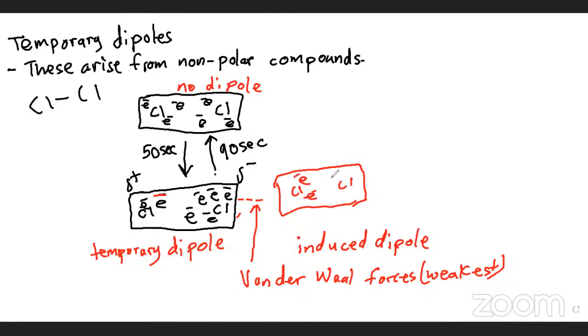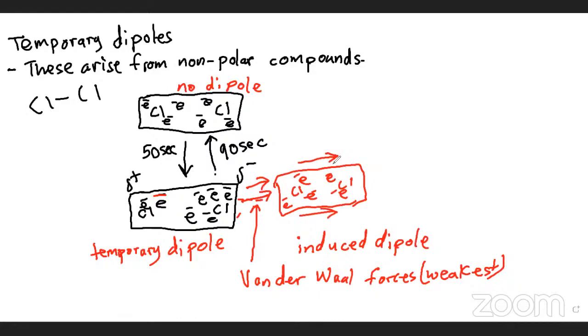So let me just put in some electrons. When it came close to the negative end of this molecule, the electrons here, the surplus, were pushing against or repelling the electrons in these. So it was pushing them further down into the molecule. So the electrons are being pushed to this side.